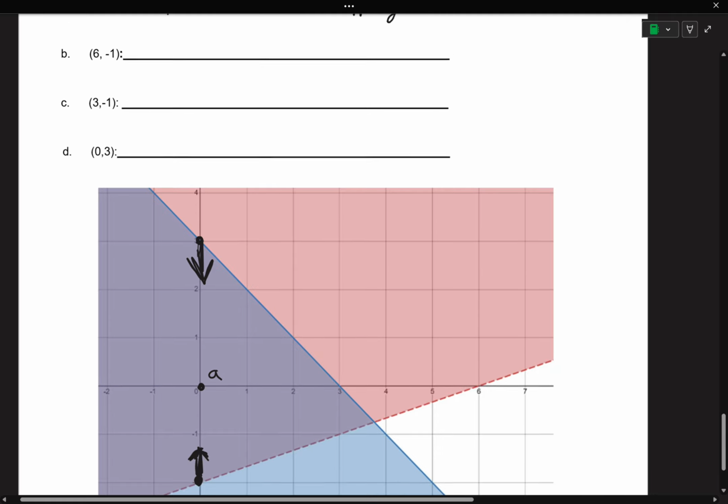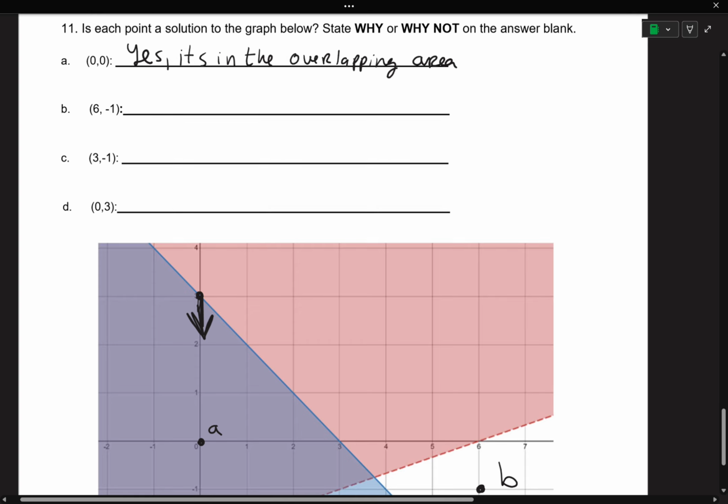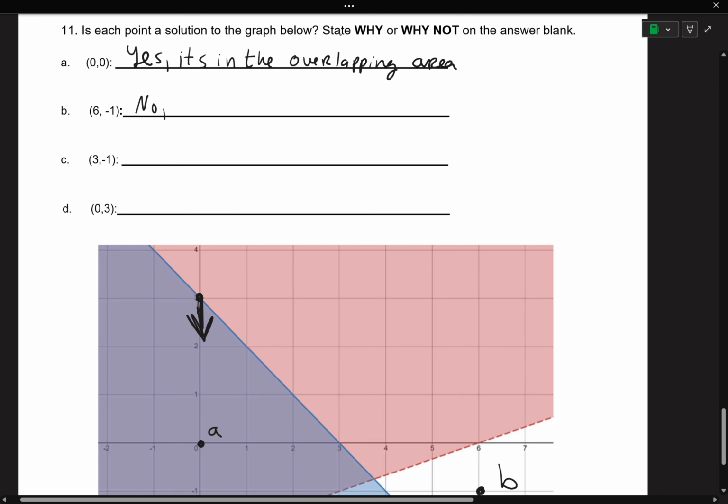Letter B is (6, -1). (6, -1). No. It's not on the shaded, no, I think on the overlapping area.